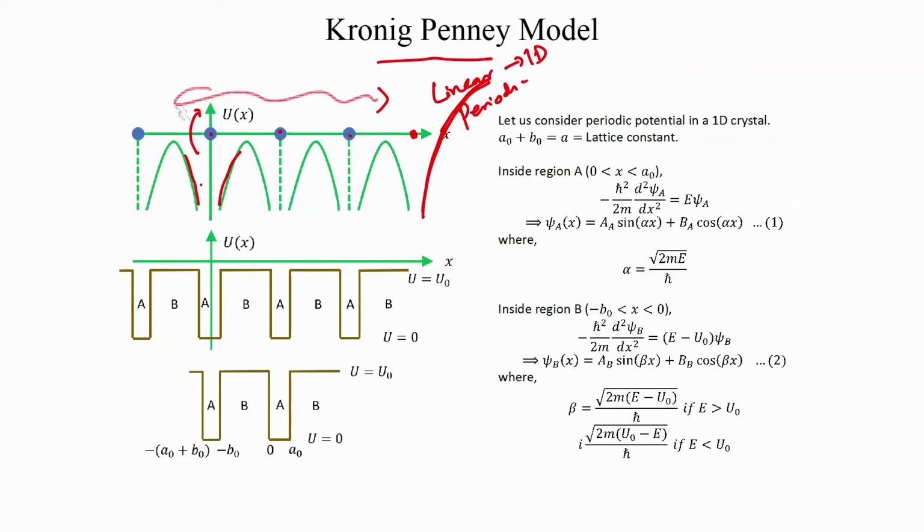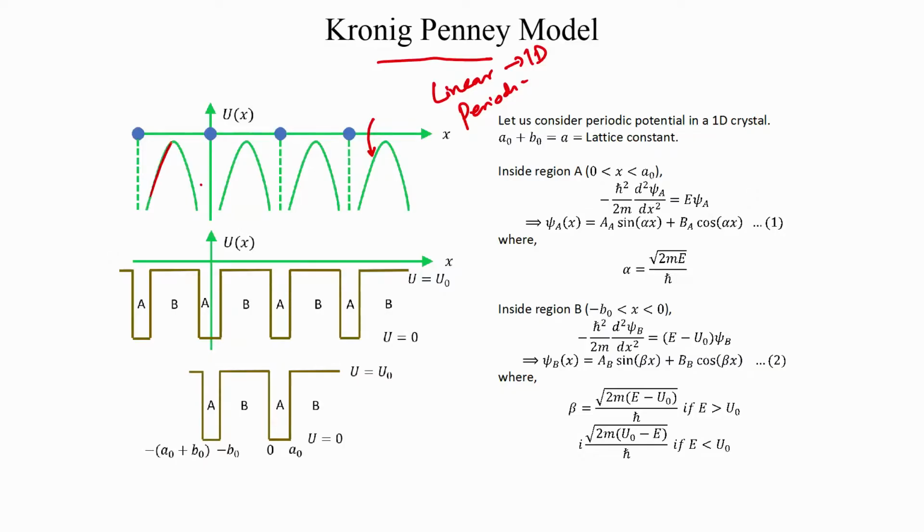Now, in order to start quantifying this behavior of electrons, we need to start solving Schrodinger's equation. Since it is quite complicated to solve Schrodinger's equation for this potential profile, we are going to make a big assumption.